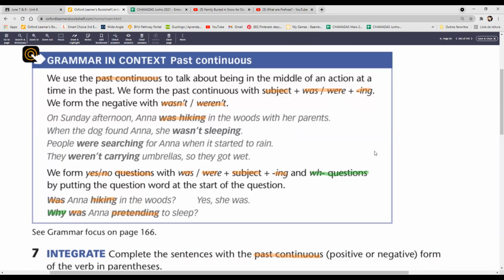Usually the past continuous comes with another sentence in the simple past to say what was in progress before another action happened and kind of interrupted, okay? That's why we usually see both past continuous and simple past together. Different clauses, of course, but in a sentence.